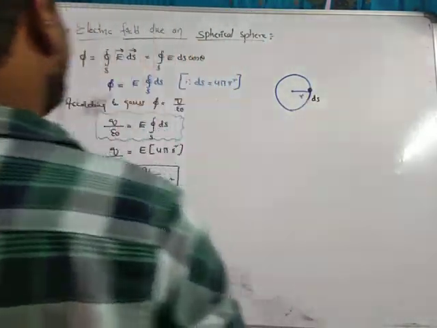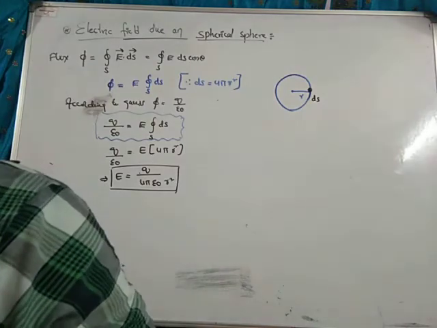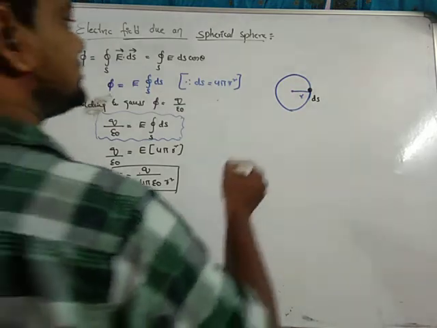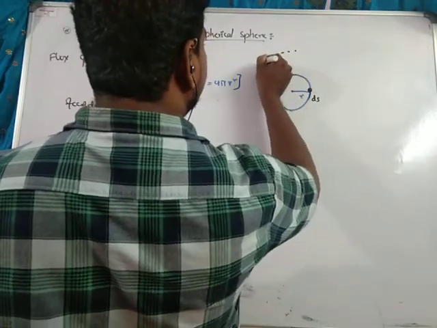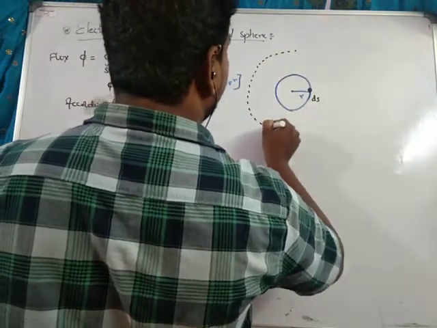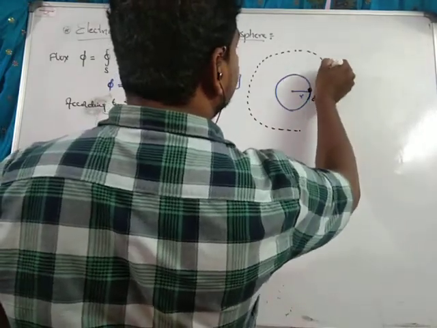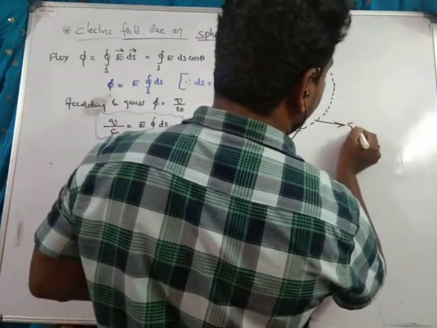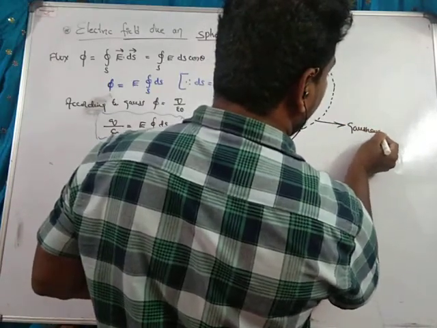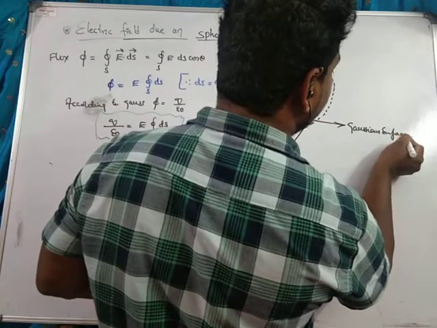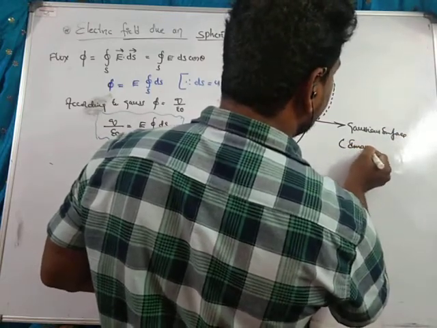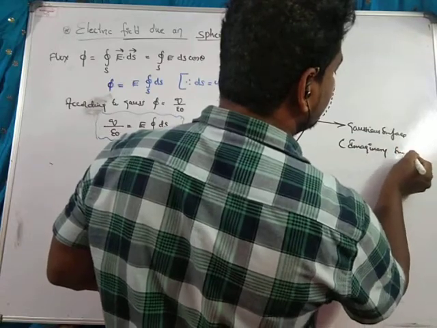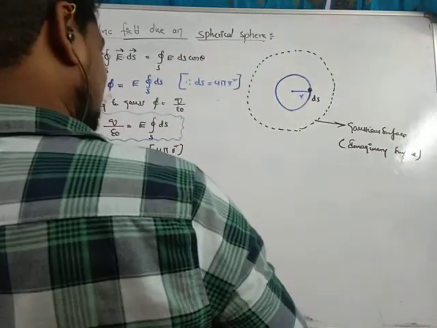But to define the electric field due to a spherical shell, we need a Gaussian surface. A Gaussian surface means we consider an imaginary surface.